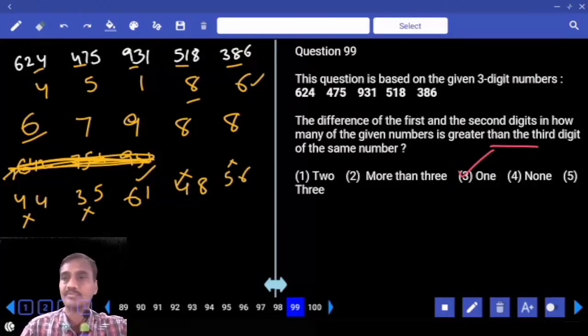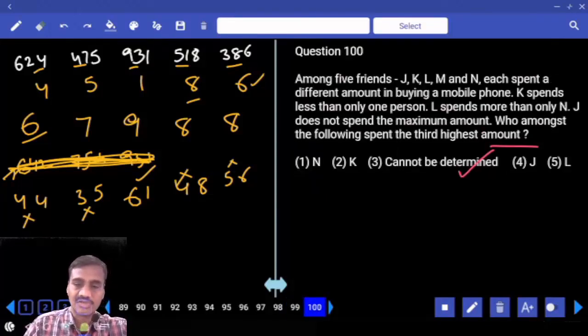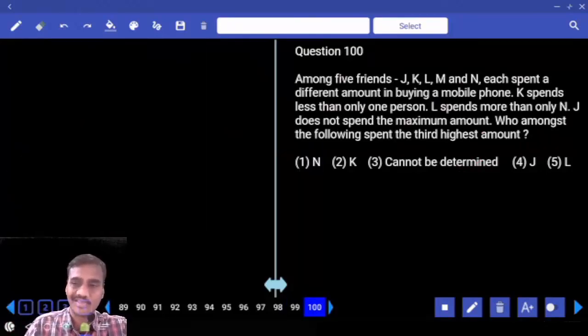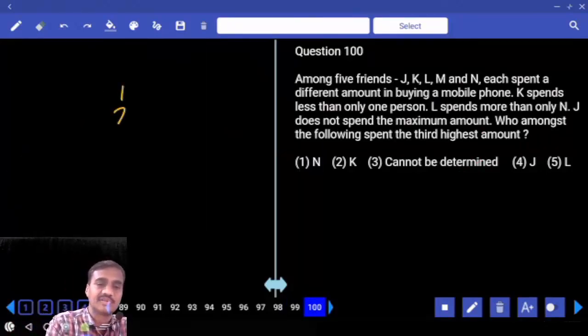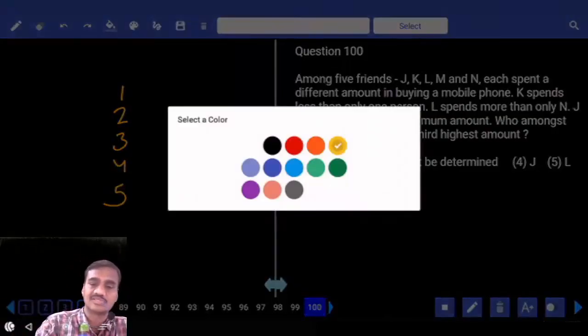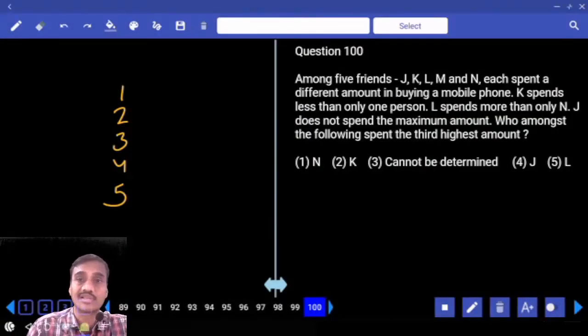Then మరి సరిపోయిందా? మీకైతే ఆన్సర్ వచ్చిందా లేదా? 99. Then coming to this 100, among 5 friends, how many friends are there? 5: J, K, L, M, N, and each spends a different amount, 1, 2, 3, 4 and 5. And K spends lesser than only one person. ఎక్కడ రావాలి చెప్పండి?